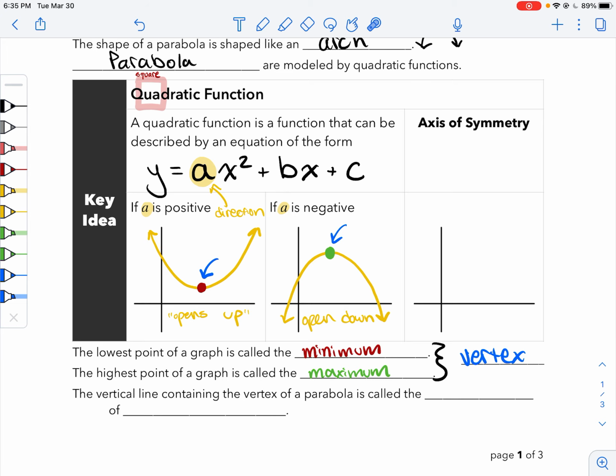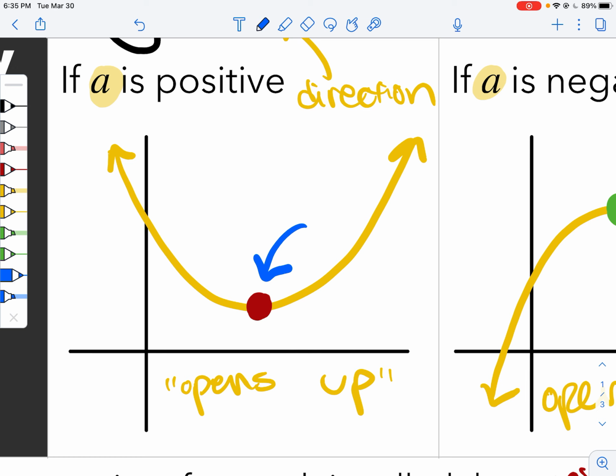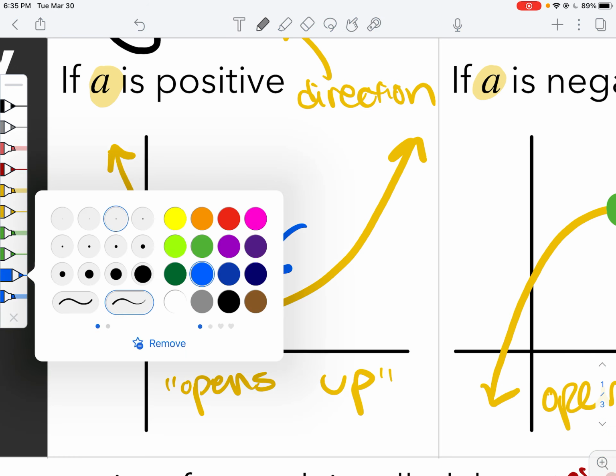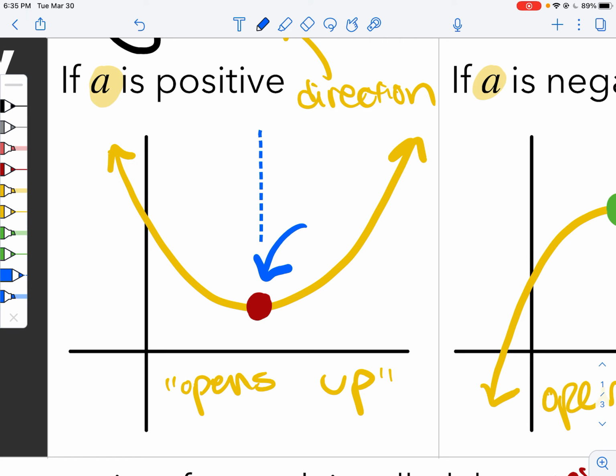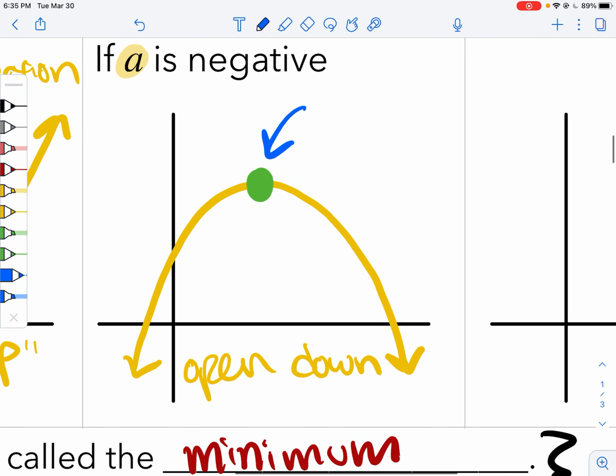The vertex will always lie on a special kind of line. Notice how this graph reflects over where the vertex is, so it's symmetrical on both sides. Similarly, this graph is also symmetrical on both sides over the vertex.